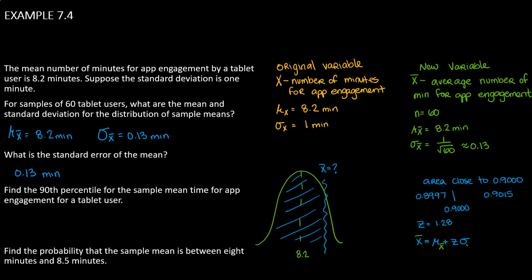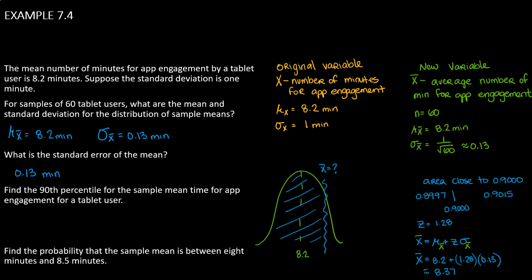We're looking for an average, so we're going to use x bar is equal to mu sub x bar plus the z-score times sigma sub x bar. That just means we're going to use the mean and standard deviation from our new variable distribution. So we're going to calculate our x bar and find that it is 8.37.